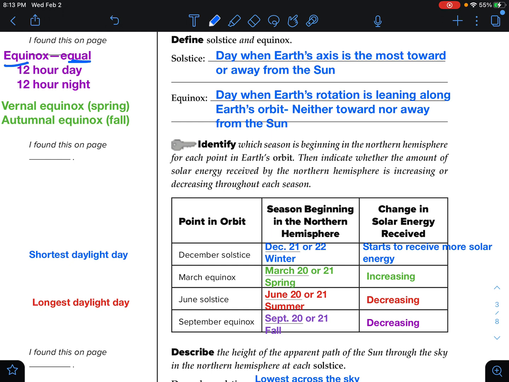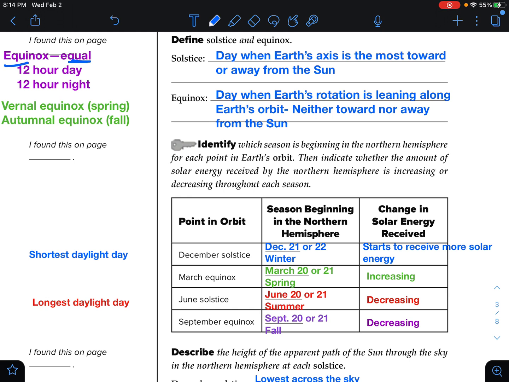So what's happening with the amount of solar energy received? When we're at that December solstice, we're the most tilted away. So we're making that orbit, that path back around. So we're going to start to receive more solar energy.